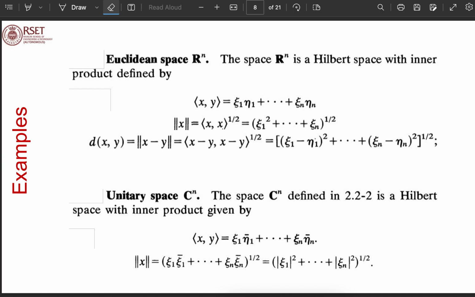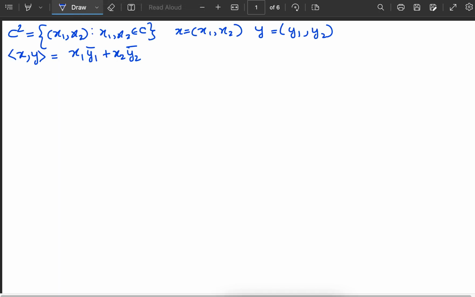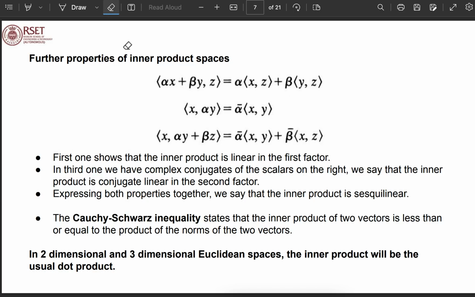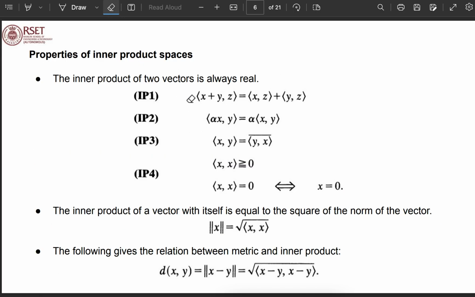Okay. So let's consider C2 again. Now we need to show that this will satisfy all 5 properties of the inner product. First we need to show this property. For that we need an extra element z.